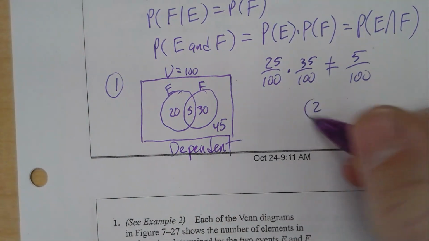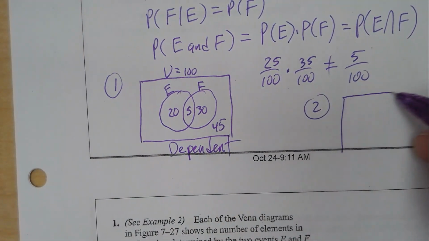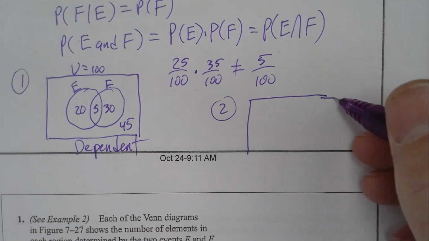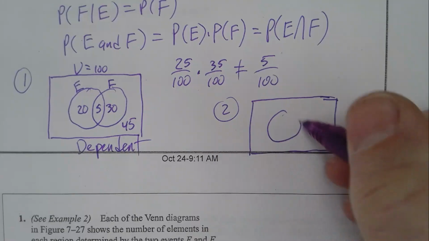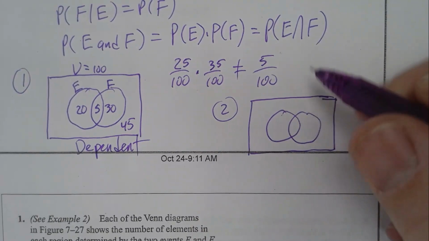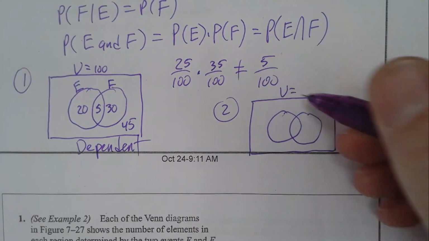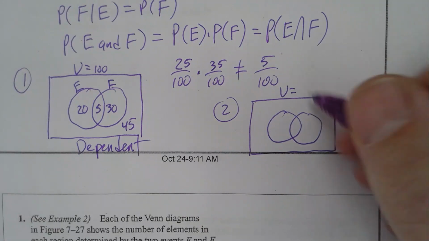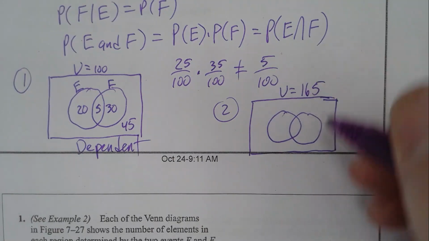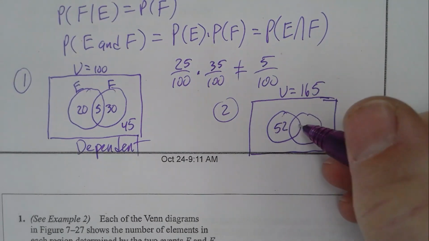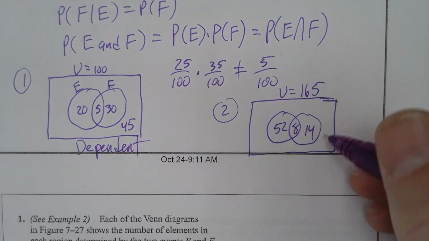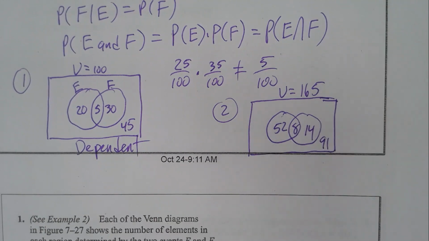Okay, second scenario. So I'm going to do circle, circle, and this time the universe is 165. There's 52 here, there are 8 here, there's 14 here, there are 91 here.